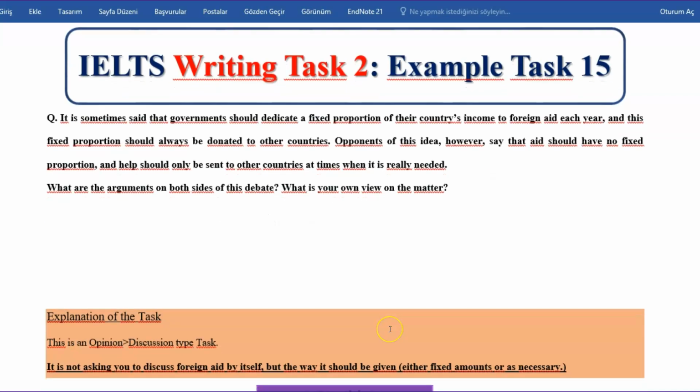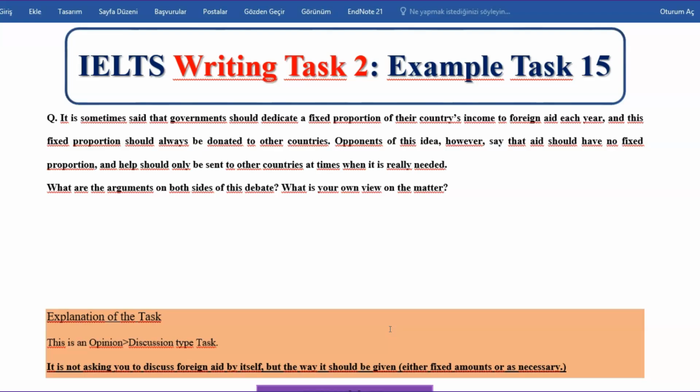Our question here is: it's sometimes said that governments should dedicate a fixed proportion of their country's income to foreign aid each year, and this fixed proportion should always be donated to other countries. Opponents of this idea, however, say that aid should have no fixed proportion and help should only be sent to other countries at times when it is really needed.